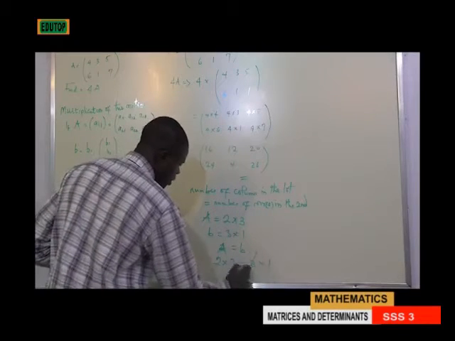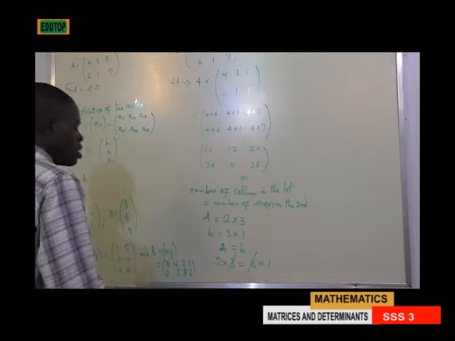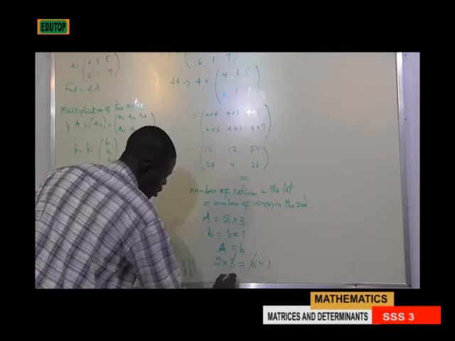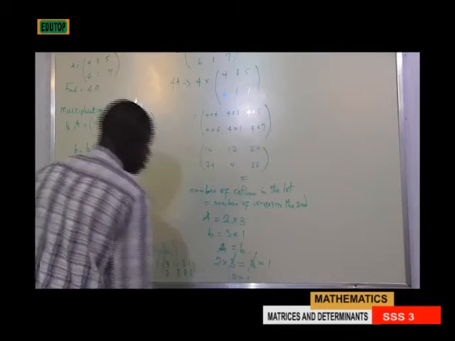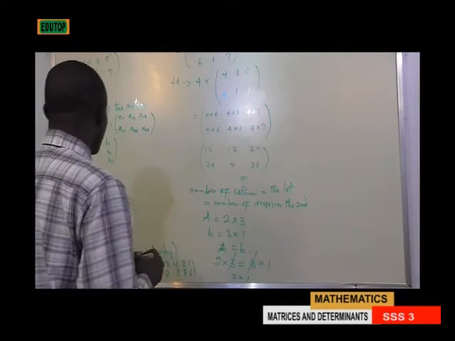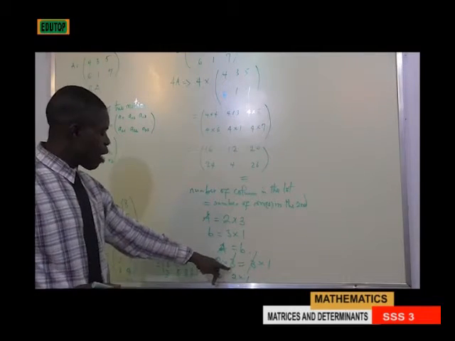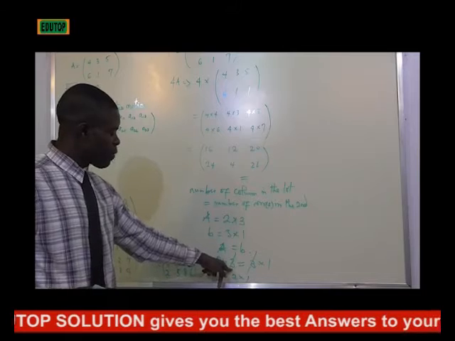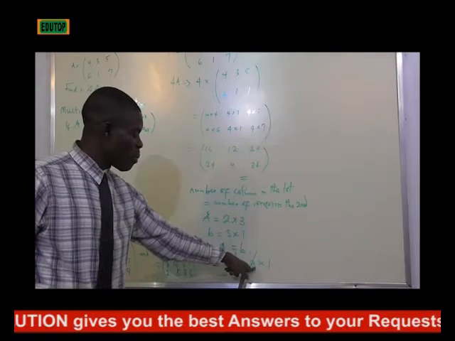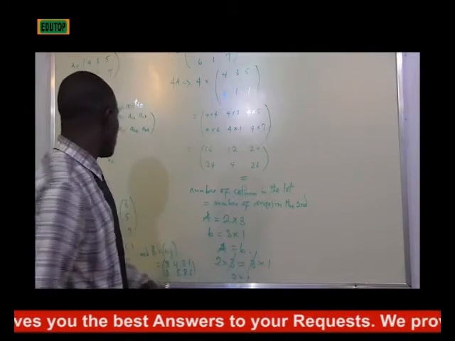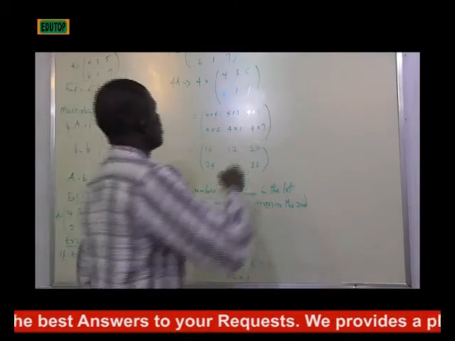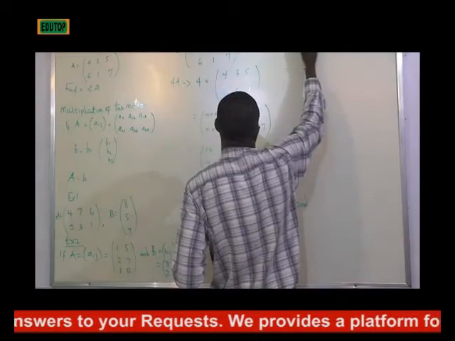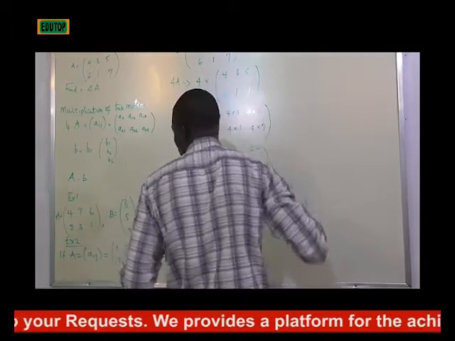You can see that the 3 cancels the 3, so we can have a 2 by 1 matrix. Since the number of columns in the first is equal to the number of rows in the second, these matrices can be multiplied by each other.